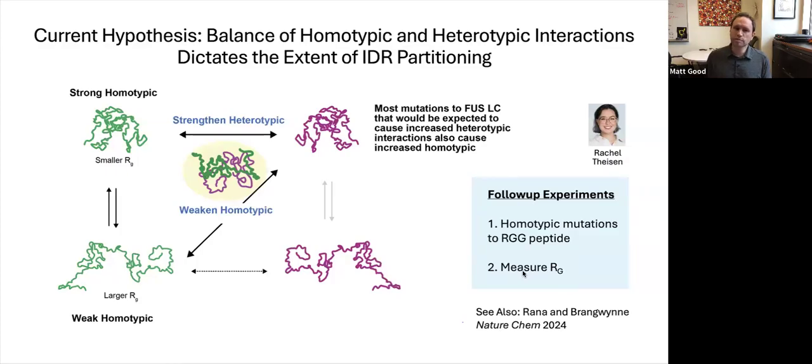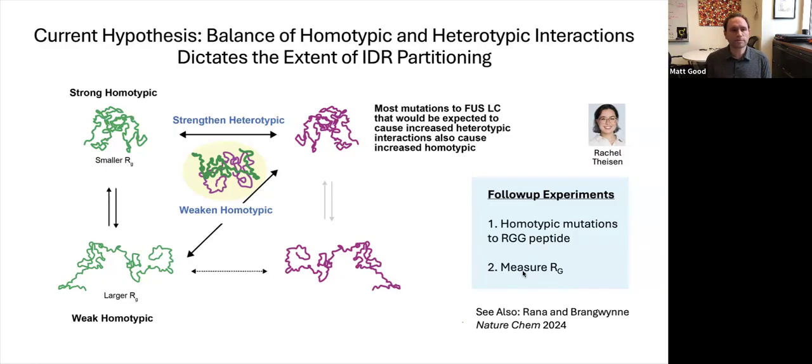And so what was really surprising was that we tried many dozens of mutations where we added residues to FUS that we thought would push its heterotypic interactions, cause it to interact more with LAF1. And in essentially 99% of the cases, it did not. And the reason that we were able to deduce was because it was actually strengthening its interactions for itself.